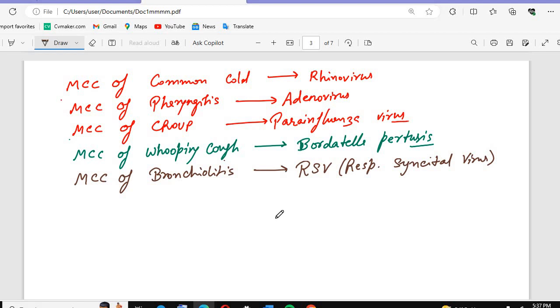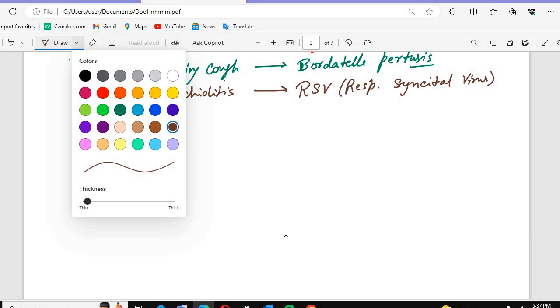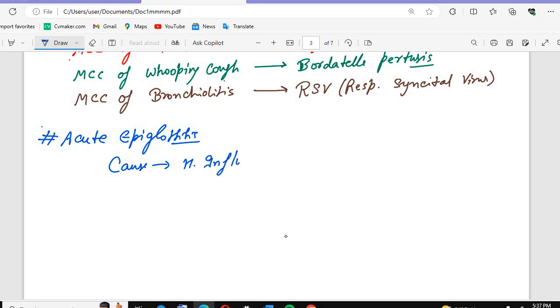Okay, so let's discuss acute epiglottitis. Remember, when we talk about acute epiglottitis, the cause is Haemophilus influenzae B. Which serotype?